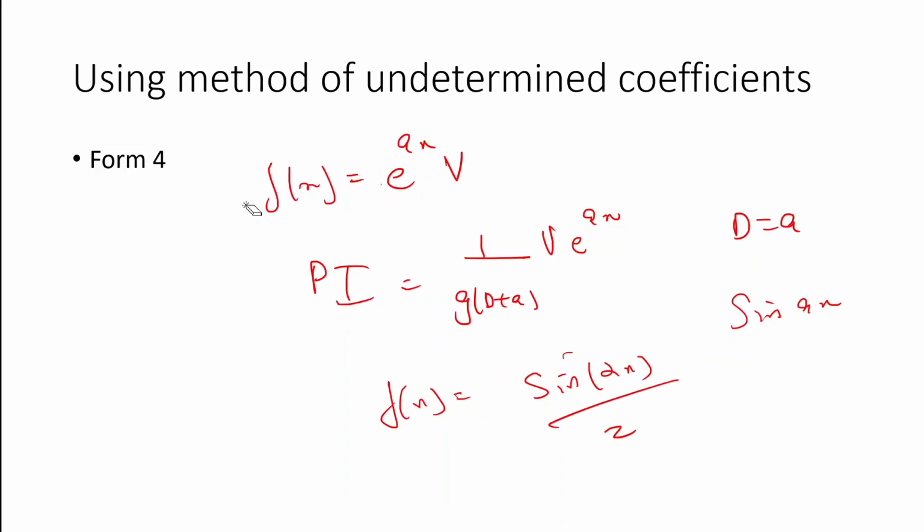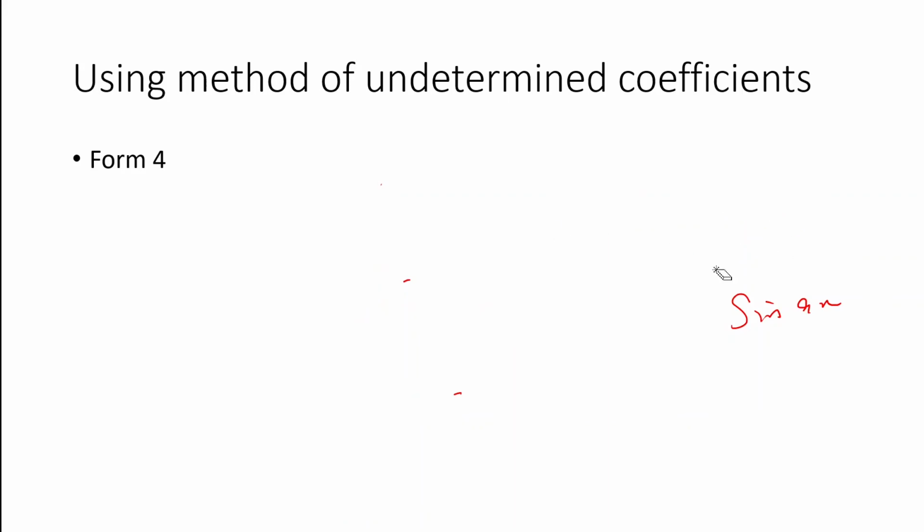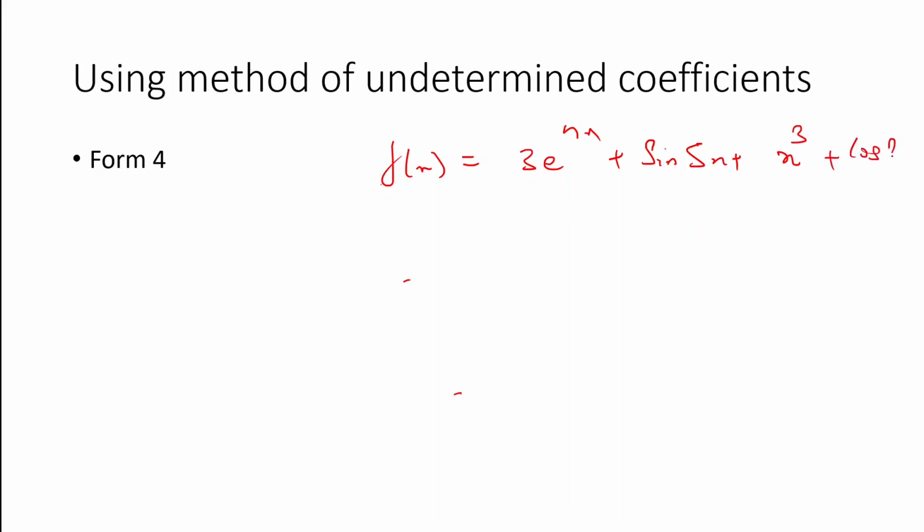Now one more thing is, if we are given any function f of x, which is a linear combination again of these four forms, say we have 3 e to the power 4x plus sine 5x plus x to the power 3 plus cos 8x, something like this, some big function.